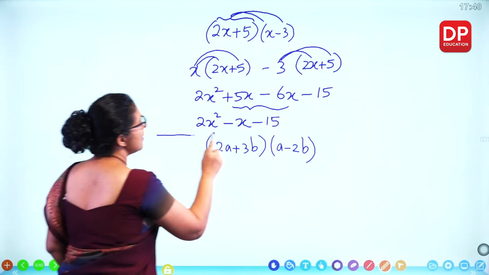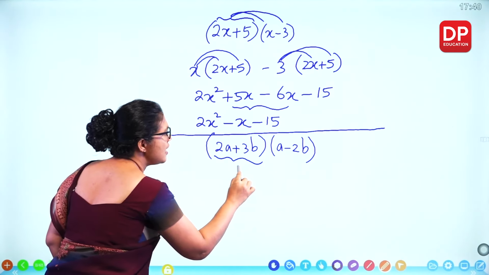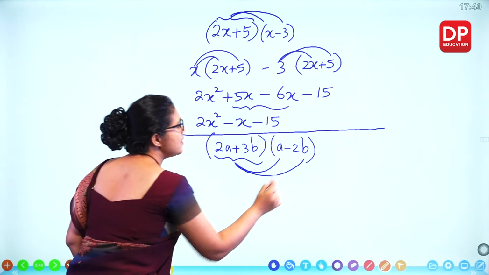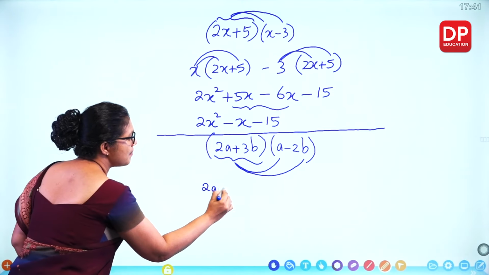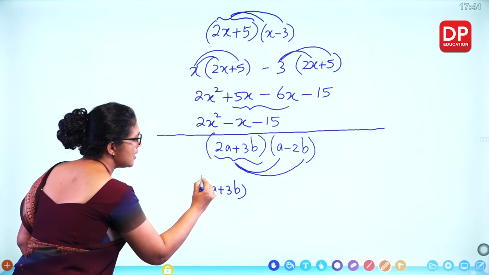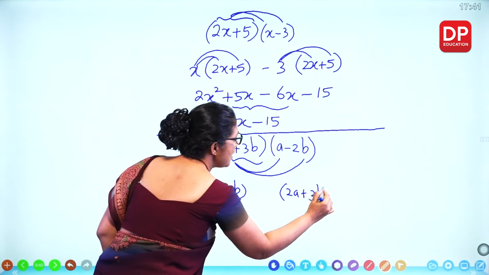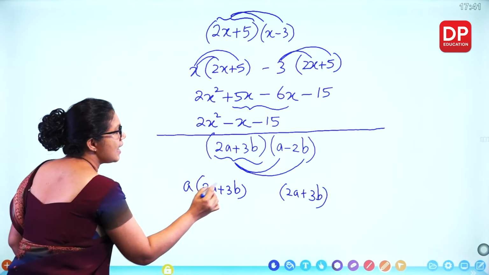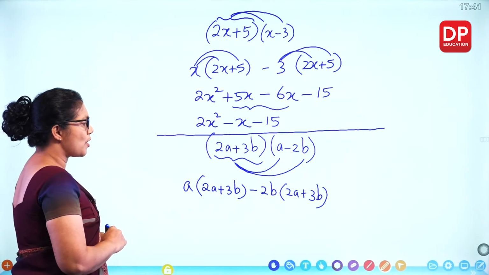So here, this is another example. This is the expression. You multiply with these two numbers. So you can write (2a plus 3b) is the expression. Multiply by a and multiply by minus 2b. So what do you get?